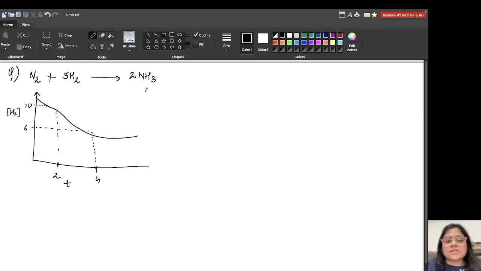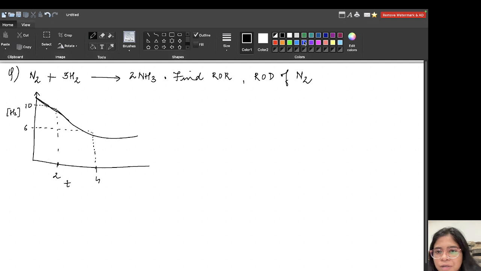This is how the graph is given. What you need to find is your rate of reaction and your rate of disappearance of N2. These are the two things which you need to find.